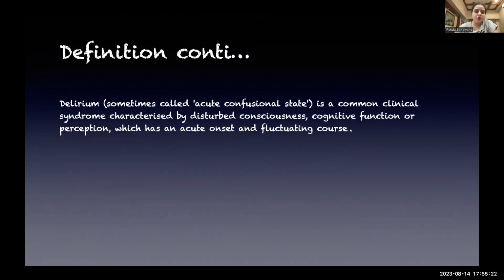So in short, delirium would be an acute confusional state, which is a common syndrome usually characterized by a disturbed consciousness, cognitive function, or perception, which has an acute onset and fluctuating nature.